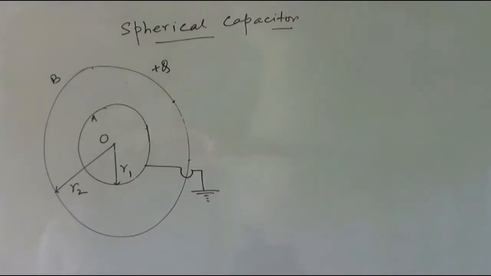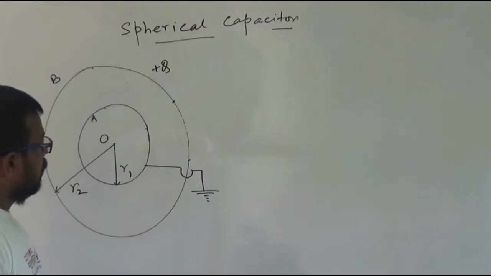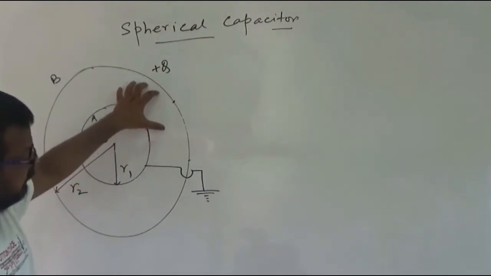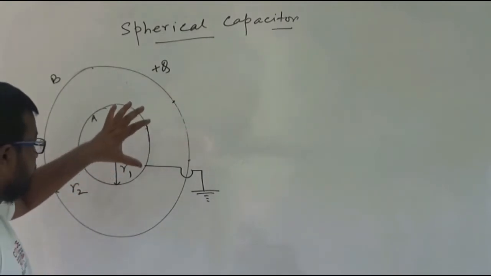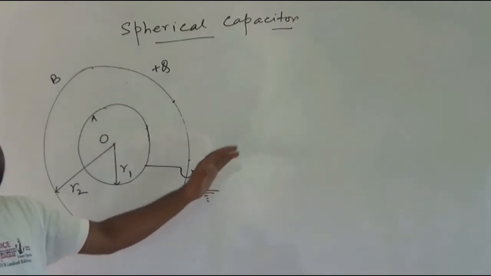so there will be charge on both sides. There will be charge on the inner side and also on the outer side, because there is earth body inside and outside also.